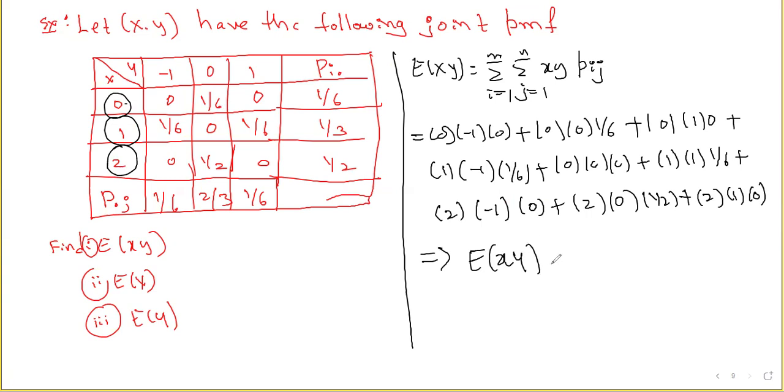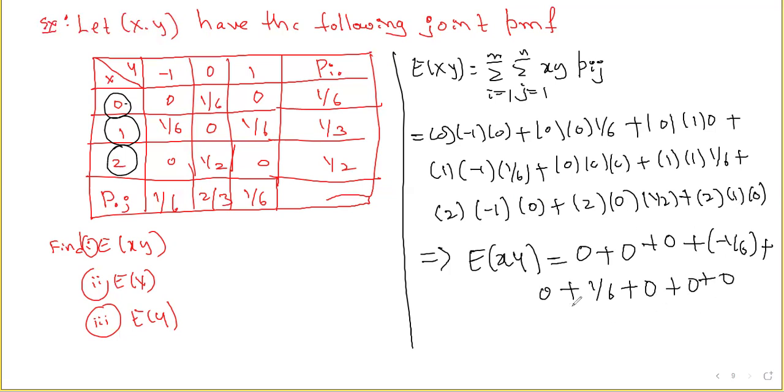So expected value of xy, by simplification, we will get, see what we'll get here, 0 is there, so this entire term is 0, plus here 0, entire term is 0, here is 0, plus 0, plus here 1 into minus 1, that is minus 1, minus 1 into 1 by 6, that is minus 1 by 6, plus entire term is 0, plus 1 by 6, plus 0 is here, 0, here 0, plus 0, plus 0, right?